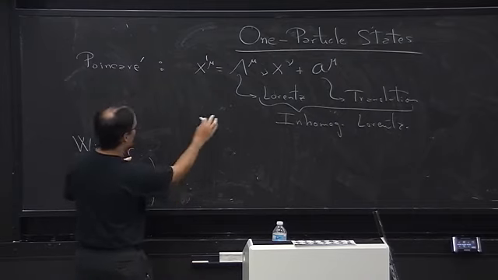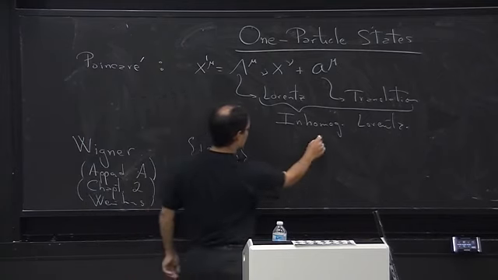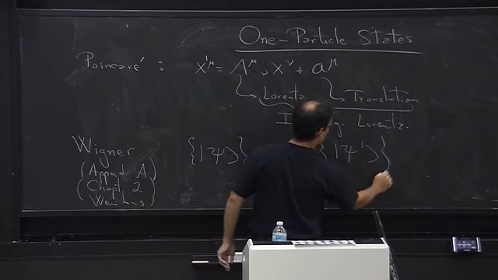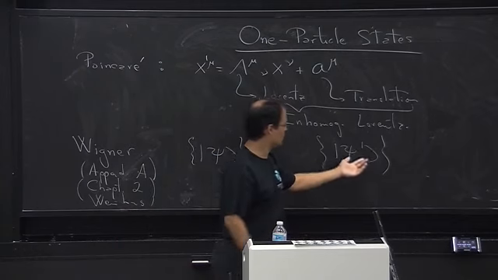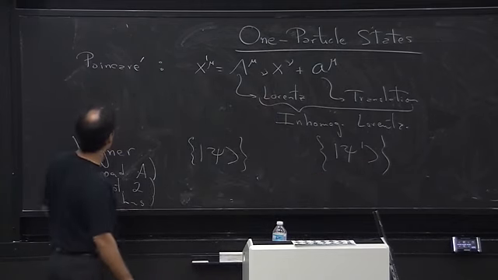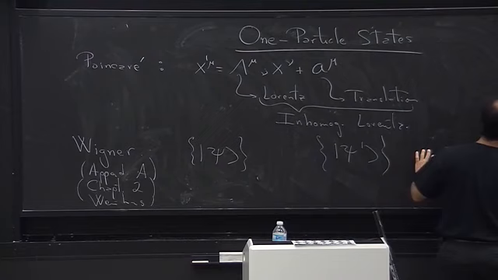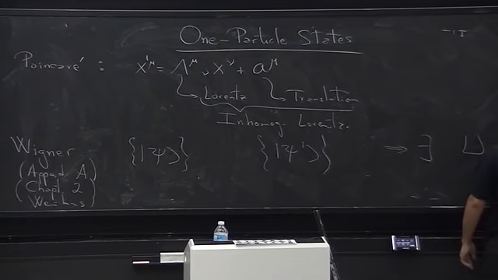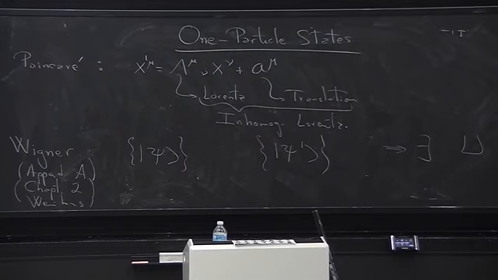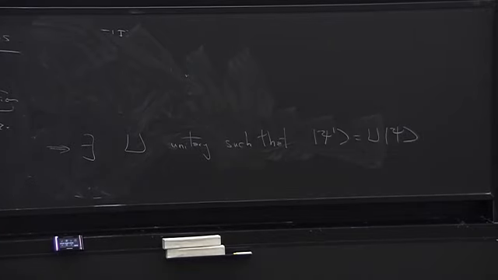So, if we have any quantum mechanical system again, and we have 2 descriptions, one by an observer and another one by another observer, and the two are related by a Poincaré transformation, then it must be that there exists a unitary operator such that we can go from one description to the other by using our unitary operator.